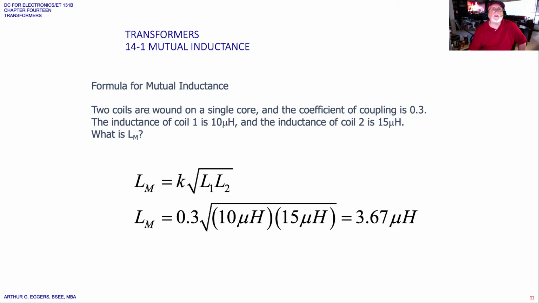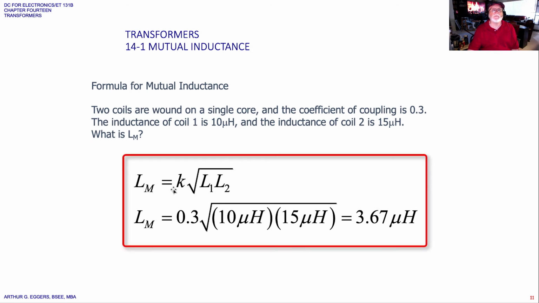So two coils are wound on a single core. The coefficient of coupling in this case is 0.3, so it's way less than 1/2. The inductance of coil 1 is 10 microhenries. The inductance of coil 2 is 15 microhenries. What is the mutual inductance? So we use our relationship.